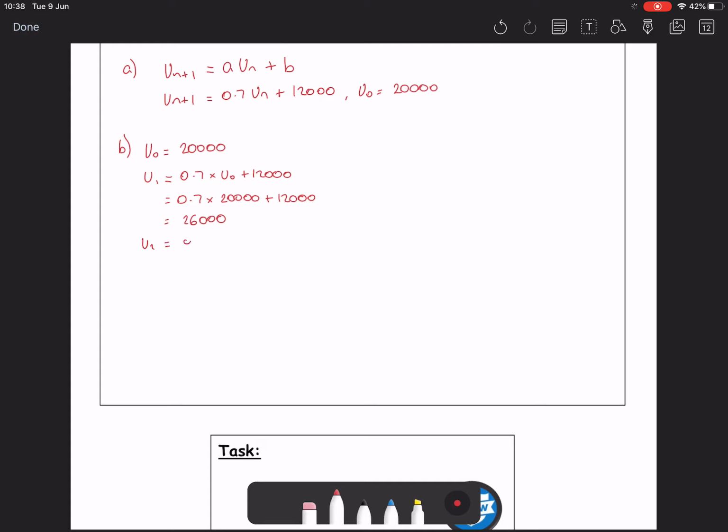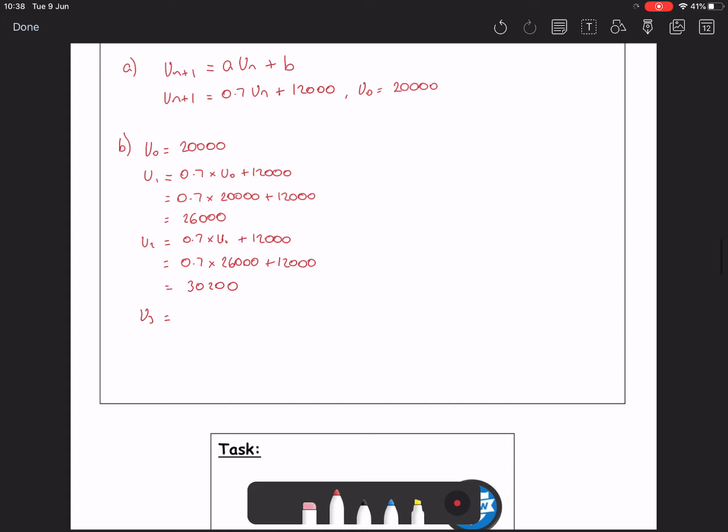My second term is 0.7 times my first term plus 12,000. 0.7 times the 26,000, so this time 30,200. And my third term is 0.7 times my second plus the 12,000, sorry, 0.7 times 30,200 plus 12,000.